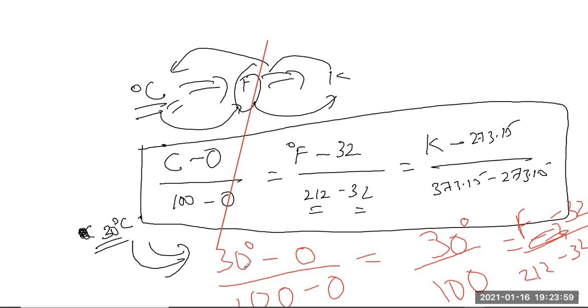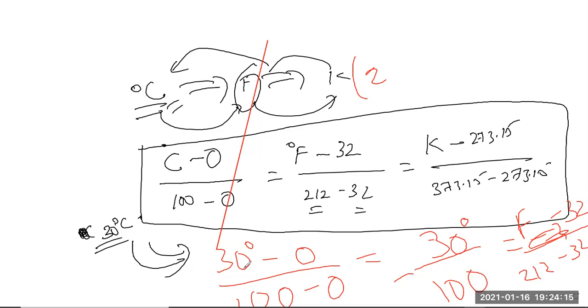You can do it on the top, if you cross multiply. 212 minus 32 is 180, I think. That is 180.